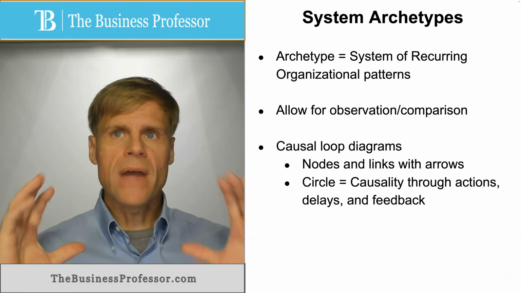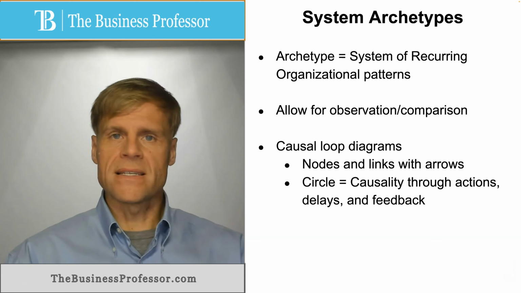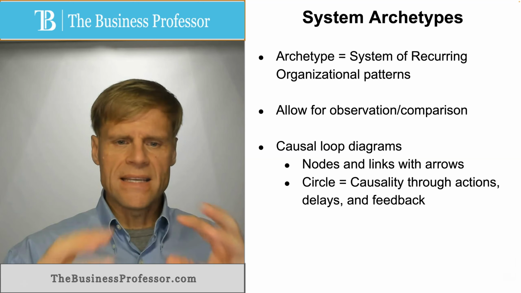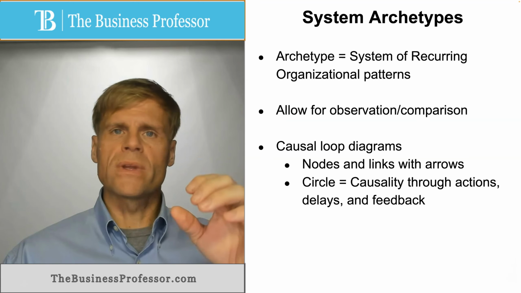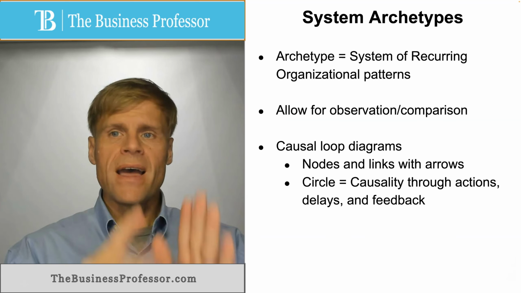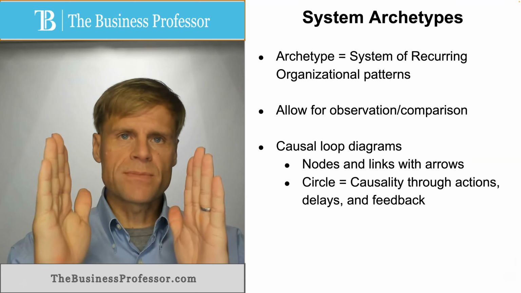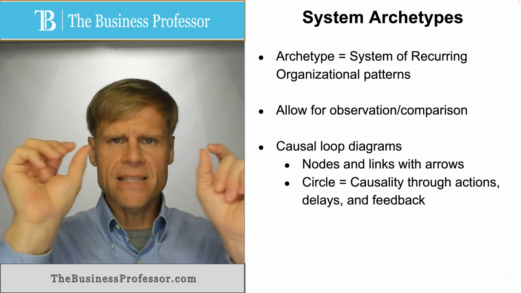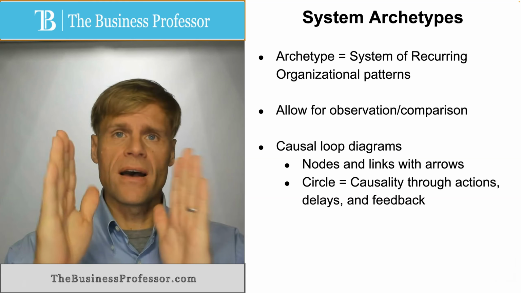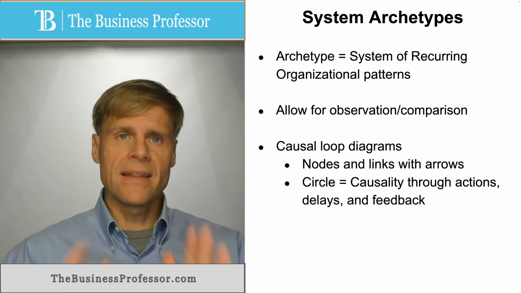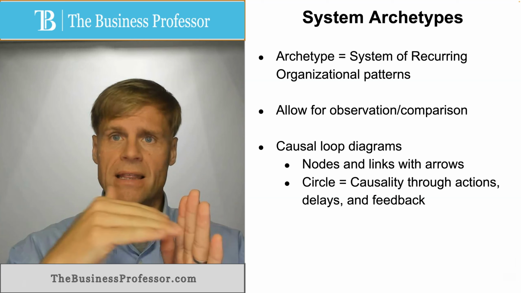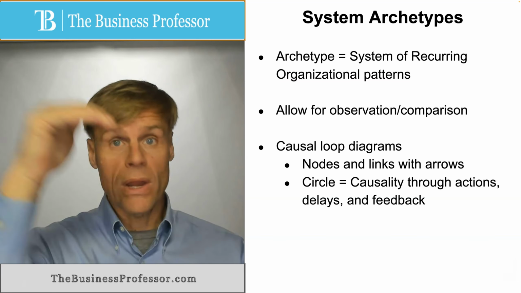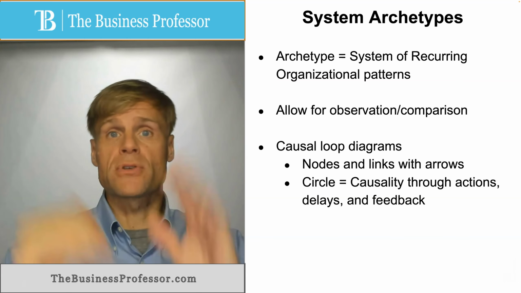Now, generally, you diagram these processes or schema into causal loop diagrams, and generally it's nodes where each factor within the system is identified, and then there's links between them with arrows showing directionality, and the links are the points at which the nodes interact with each other, and the arrows may show any deviation in the path between how one node interacts with another, whether it interacts with two subsequent nodes.